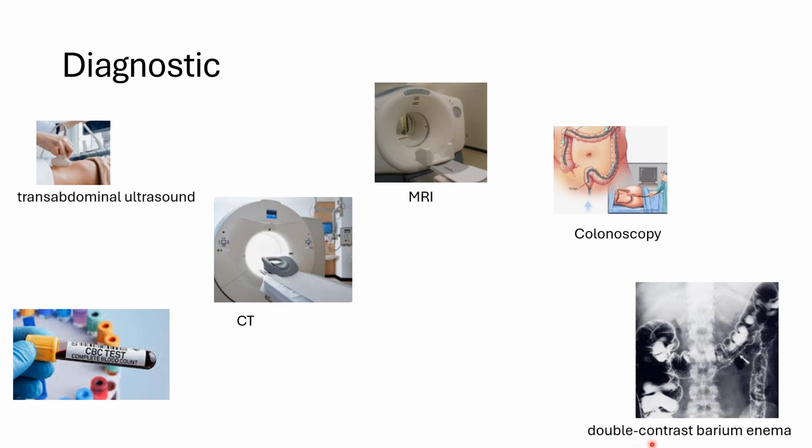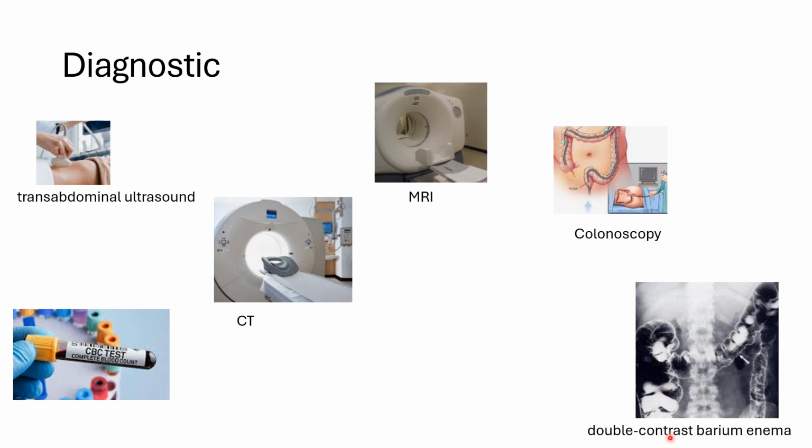And double contrast barium enema is another way that we will do the exam. It's showing us, as we see here in the image, if the patient has a toxic megacolon or not.